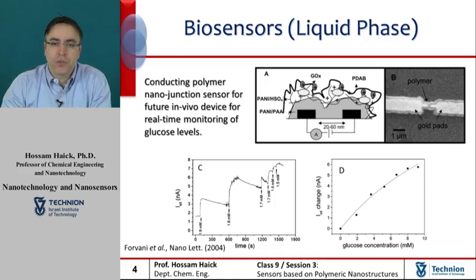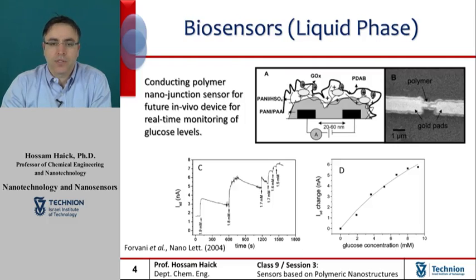Researchers have introduced a conducting polymer nanojunction sensor for glucose, which can potentially serve as a useful tool for in vivo detection, since it is very specific and responds quickly to glucose.